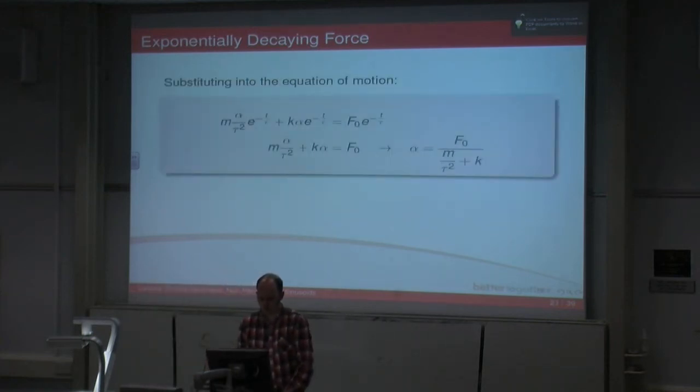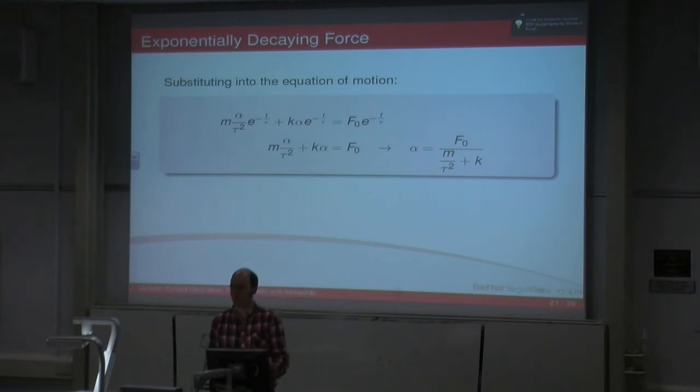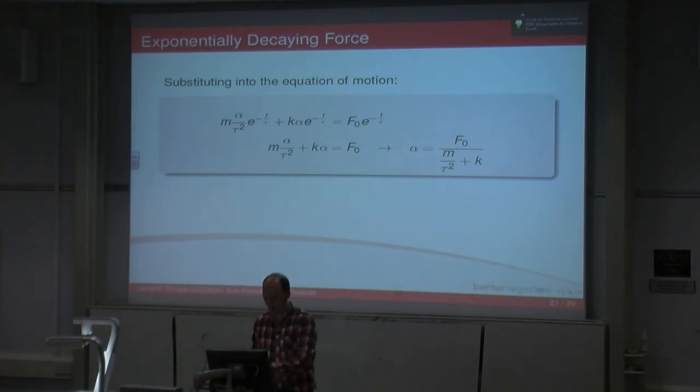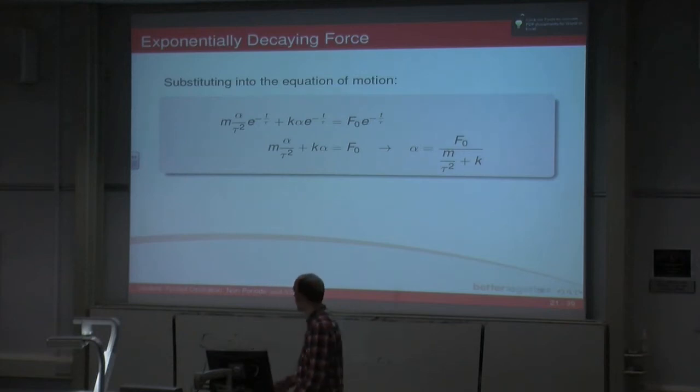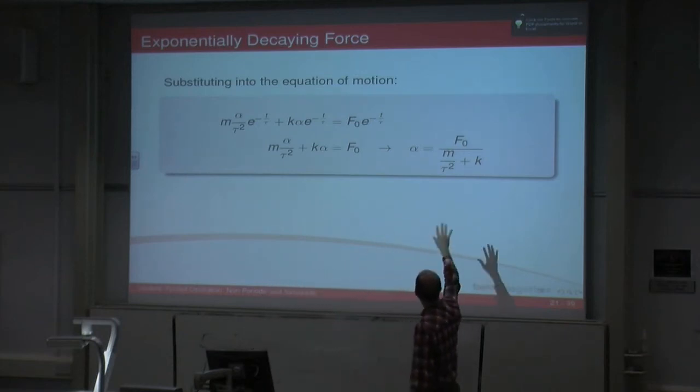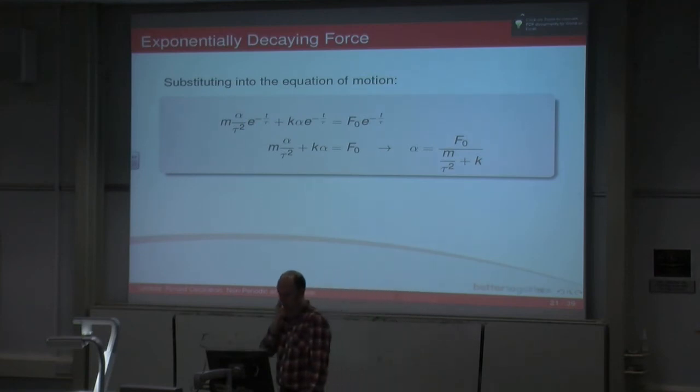So we stick that in our equation of motion. This time, obviously, we employ the x double dot term because that had a value. You end up with this equation. And from that, you can solve for alpha because there's only one unknown, alpha, in there, one equation, one unknown. You can solve for it just by rearranging the equation. You end up with that rather ugly equation. Fractions in fractions.